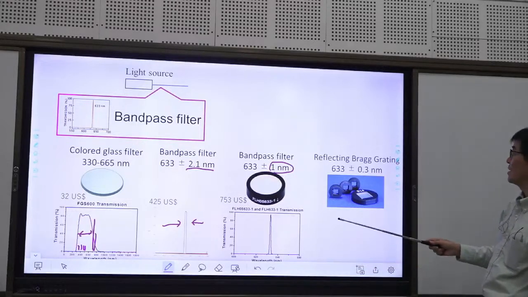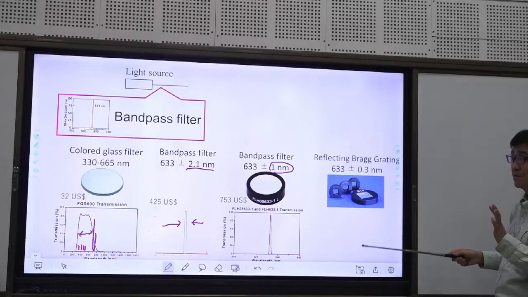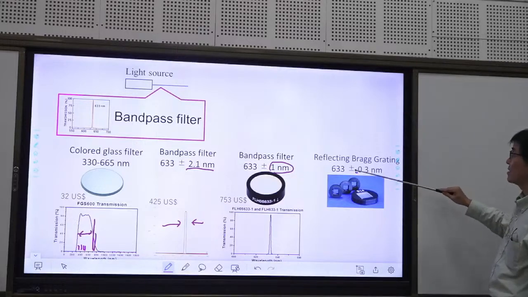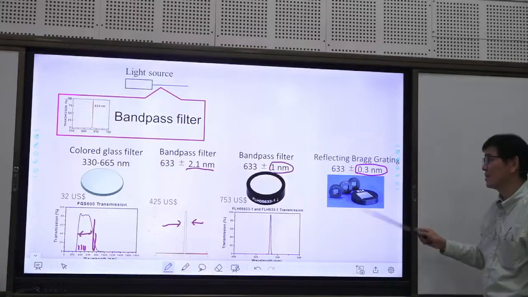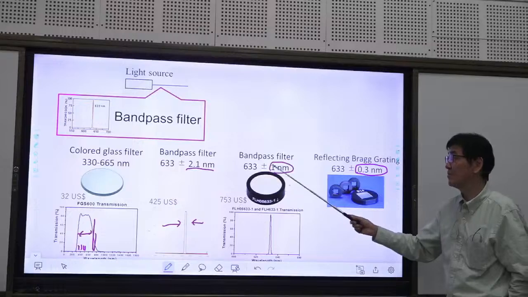And I explained, in the case we want to measure the low frequency Raman spectrum, then such a small width is necessary. I could not check the price of this product, but I'm sure it's highly expensive, more than this filter.